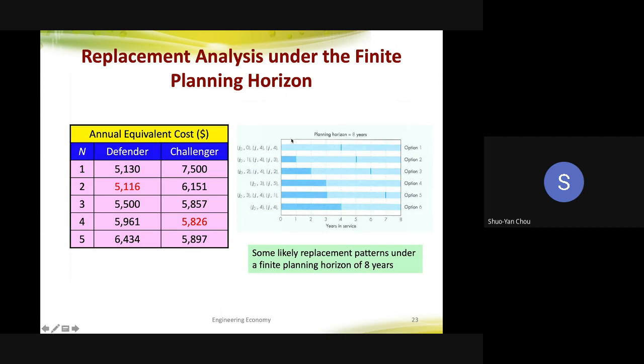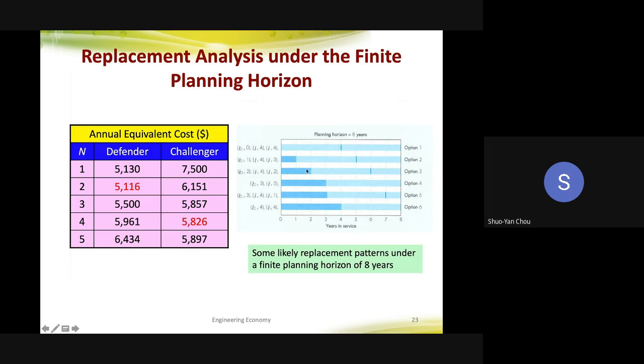We use the old machine for 2 cycles. We use the old machine with 1 year and 4 years. We know that for the new machine, 4 years is the optimal cycle, right? We saw that the challenger, we get it for 4 years, then use it for 3 years because the planning horizon is 8 years.